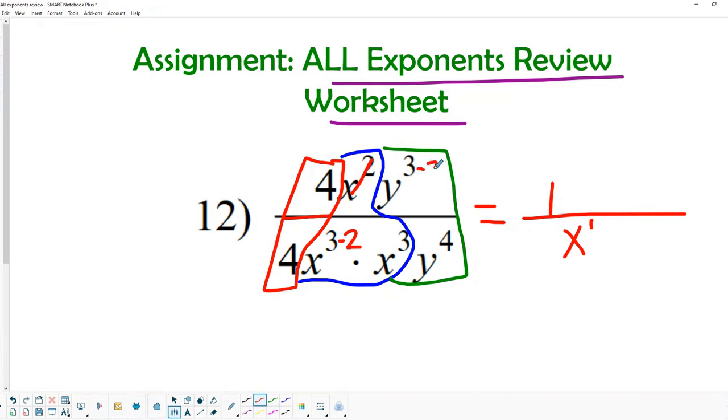We bring this 3 down and subtract it from the 4, and we end up with y to the first. So fully simplified, this is just 1 over x y. And I think you'll agree, if you look at what it was originally and what it's simplified to be, it is much more simple looking than the original problem.